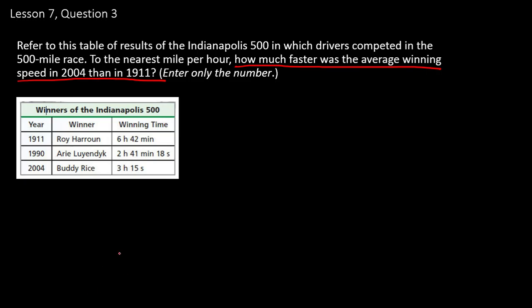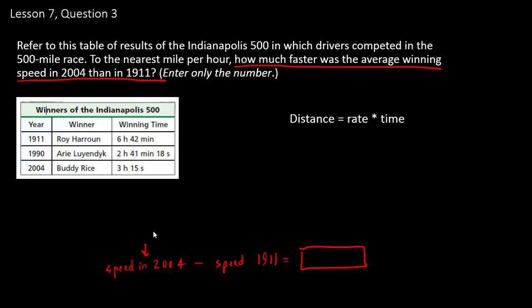So our final equation should look like the speed in 2004 minus the speed in 1911, and that will give us the difference. So it looks like in order to do this, we're going to have to calculate first the speed in 2004, and then we'll have to calculate the speed in 1911.